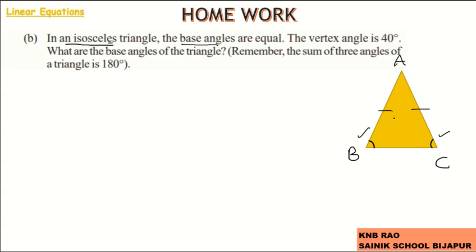You know, in an isosceles triangle any two sides are equal, even the base angles are equal. This is what they give. Vertex angle. What is the vertex angle? Here is the vertex angle. So, this vertex angle is 40 degrees.